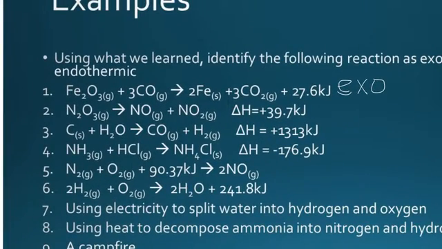In the second reaction, we can see that the delta H is positive, so the reaction is gaining energy, so that's endothermic. Same with the third reaction, it's positive, so it's going to be an endothermic reaction.